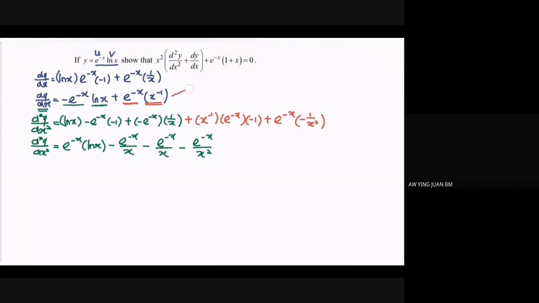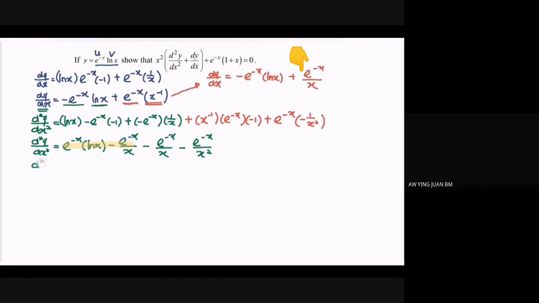Now we have to check what dy/dx is. So dy/dx actually equals negative e to the power negative x ln x plus e to the power negative x over x. So kindly refer to this first derivative and try to match with this one. So what we have to do is to factor out the negative.